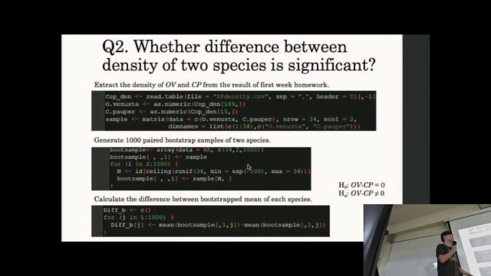In this question, my null hypothesis is that the mean of OB minus the mean of CP is equal to 0, and the alternative hypothesis is that the mean of OB minus the mean of CP is not equal to 0.